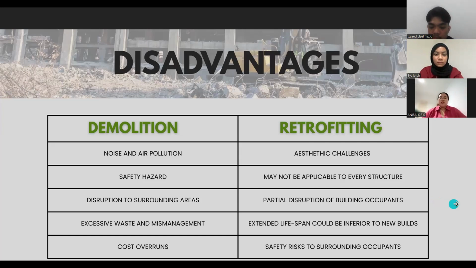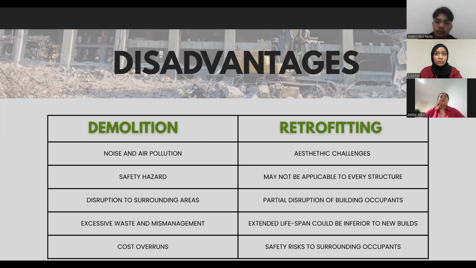And for the retrofitting, it is aesthetically challenging as it is adding new structures to old ones. And it is hard to make those kind of things pretty. It also may not be applicable to every structure, as it cannot be done to severely old buildings that are brittle and cannot hold the extra load of the reinforcements.